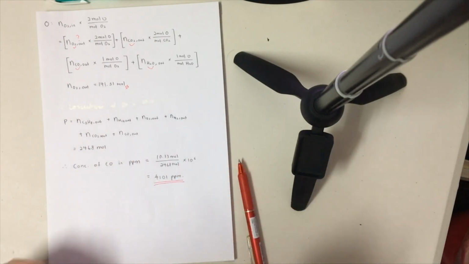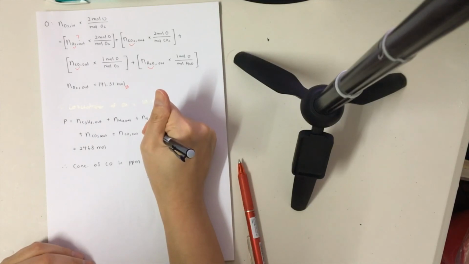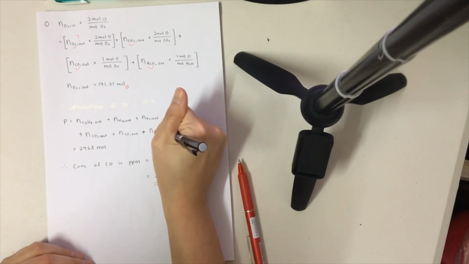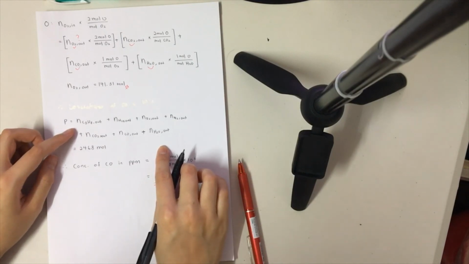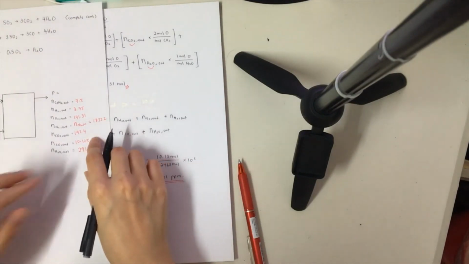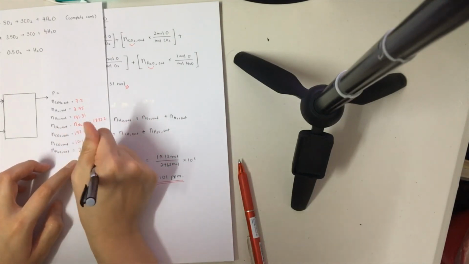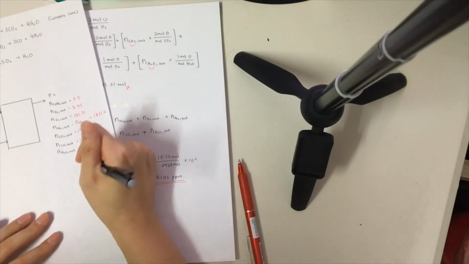Plus all the product in the P stream, and I've missed out this one. Sum these up, sum this part up, sum this up, and you should get 2468 mole.